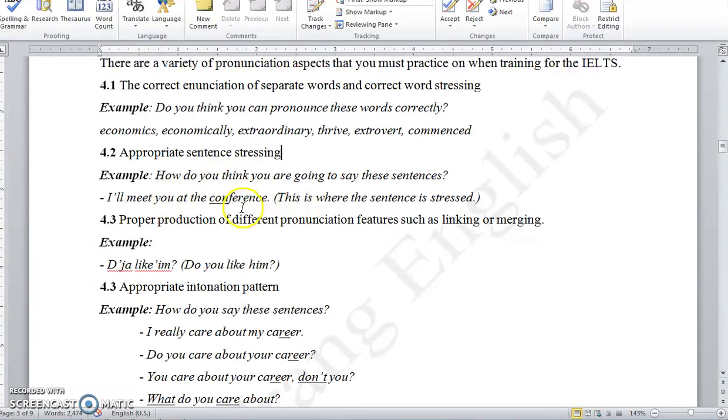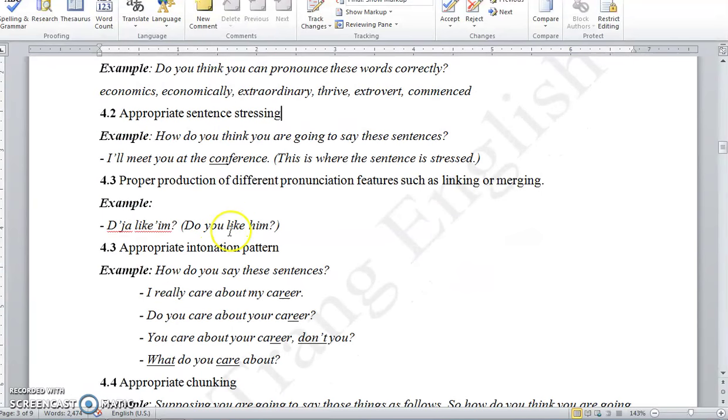The answer is, of course, no. They have the stress on one syllable of a sentence, and it will go like this: "I'll meet you at the conference." The stressed syllable right here is "con," in the final content word of the sentence.